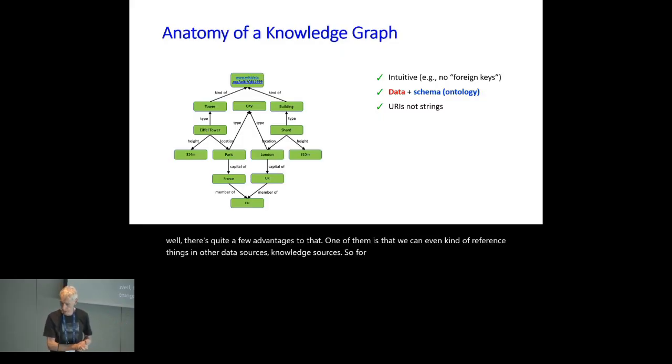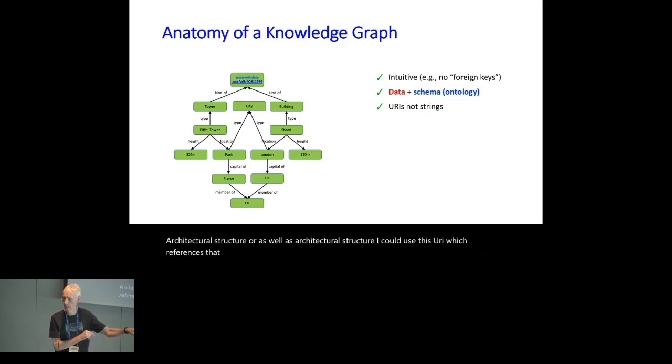So, for example, instead of, or as well as, architectural structure, I could use this URI, which references that term in Wikidata, so that I could maybe use some additional info from Wikidata to understand better what I mean by this architectural structure.